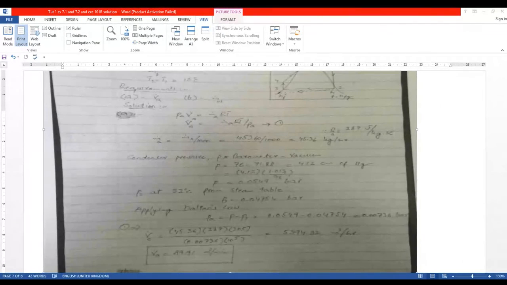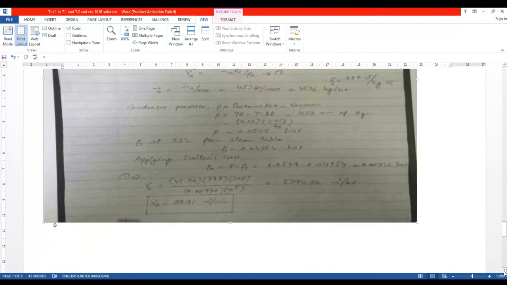Then we move further to find the second part, which is the mass flow rate of cooling water.